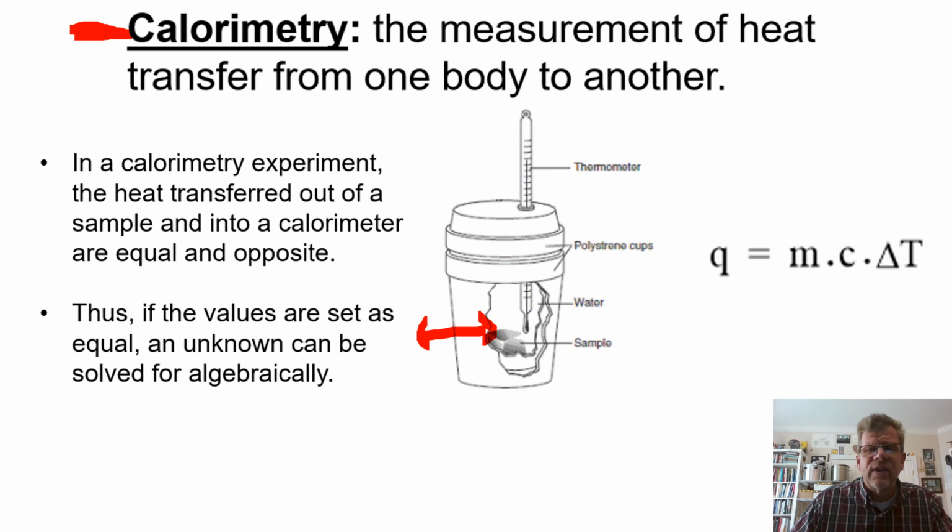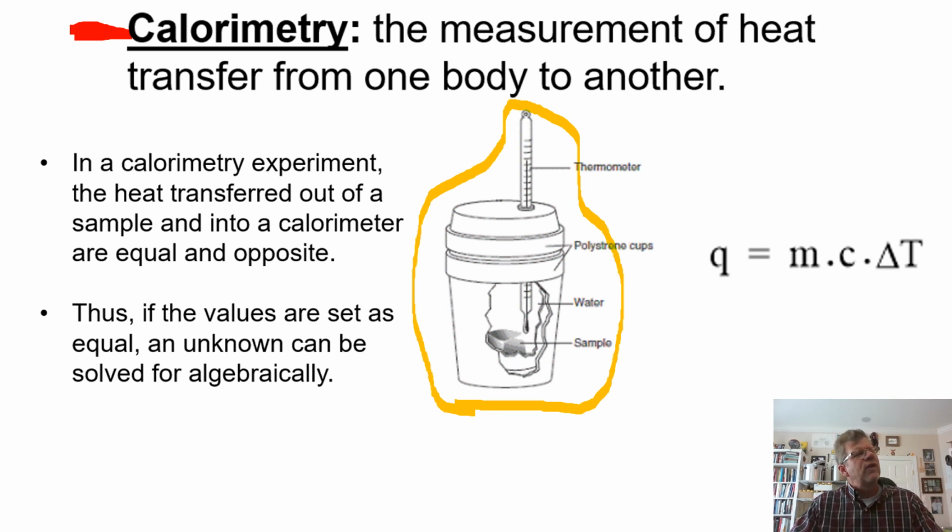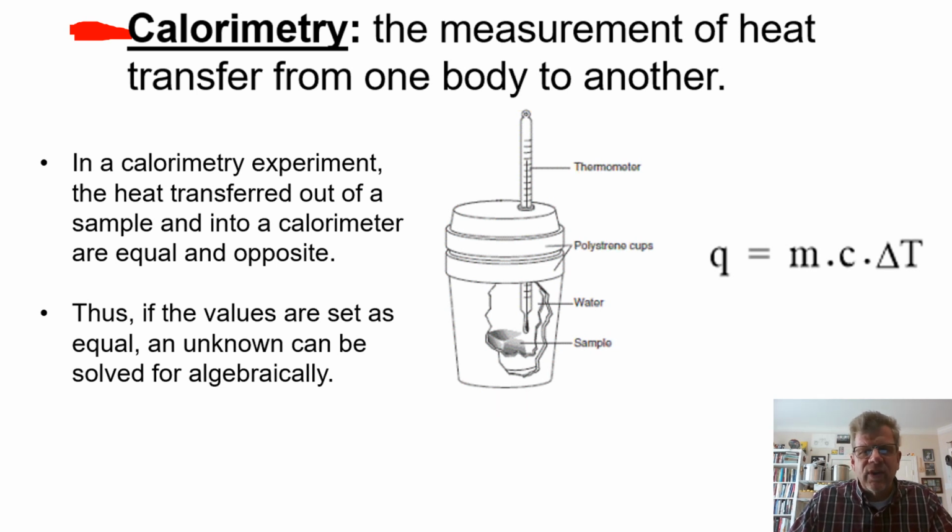So we need an insulated system. That insulated system almost always, if you're cheap like I am, involves two nested styrofoam coffee cups. So you can use it on a budget. This is a very, very good system because styrofoam is such a good insulator that it stops any heat flow from within a system to outside of a system.